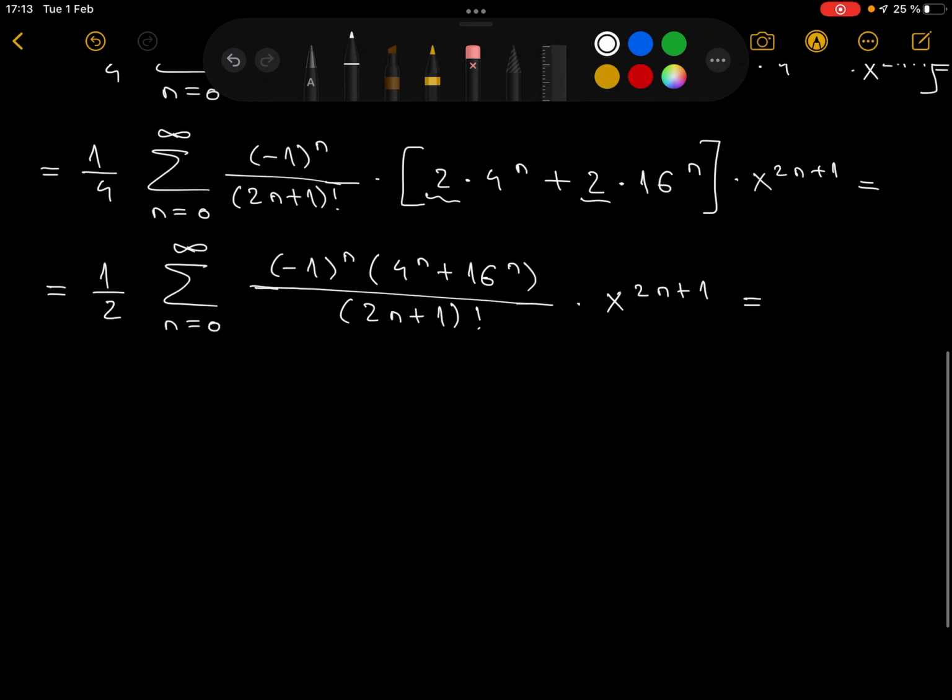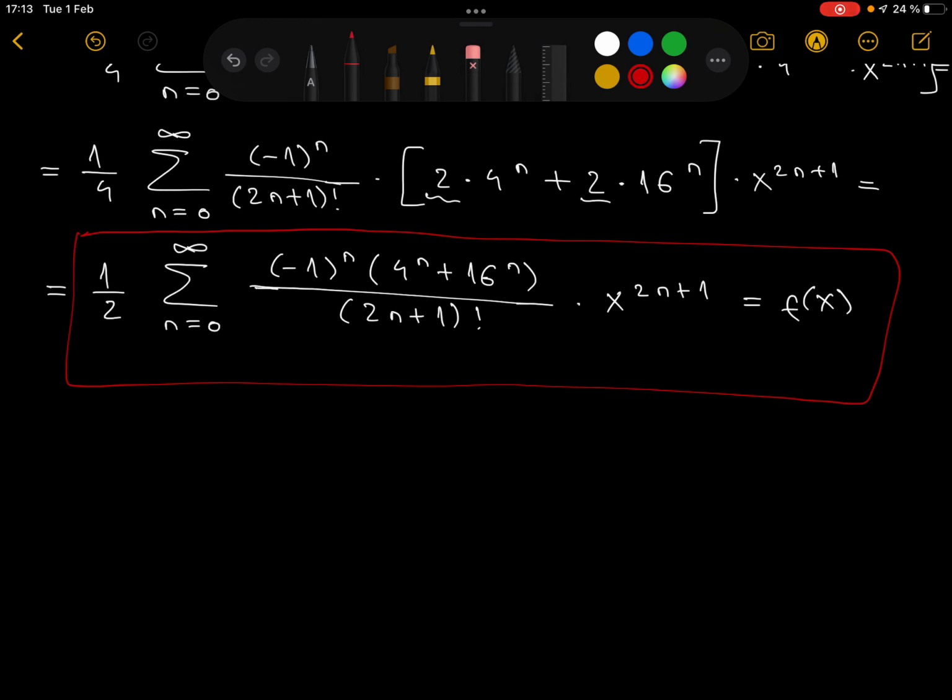And this is equal to our f of x. So this is the final answer to this problem.